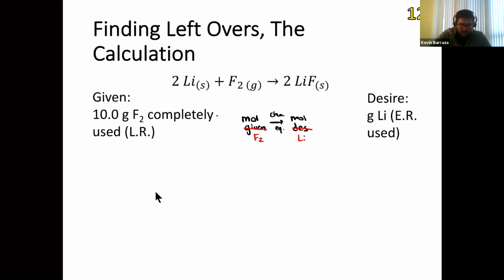Now I just connect my flow chart of steps to see what the whole picture is. I'm going to take grams of fluorine and turn it into moles of fluorine. Then I'm going to use the balanced chemical equation to turn it into moles of lithium. And then I'm going to get grams of lithium.